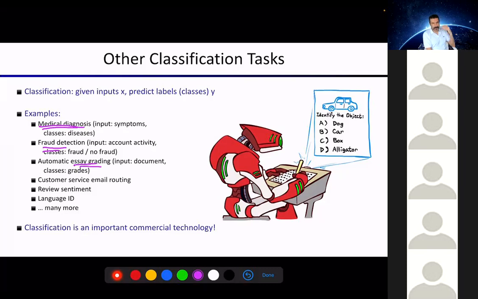Essay grading is the same. Customer service email routing is also the same. So these days, so many of these tasks, which were impossible to think of as ML tasks, can now really be done as a classification task, right? And classification, again, as you know, is not the only type of machine learning task, but by far the most popular one.